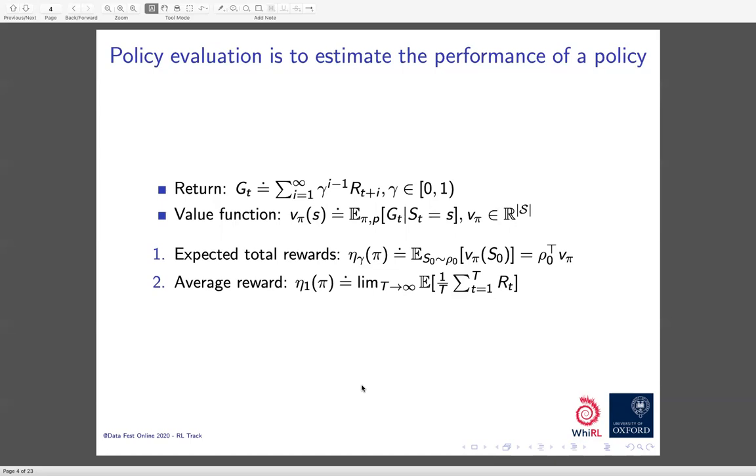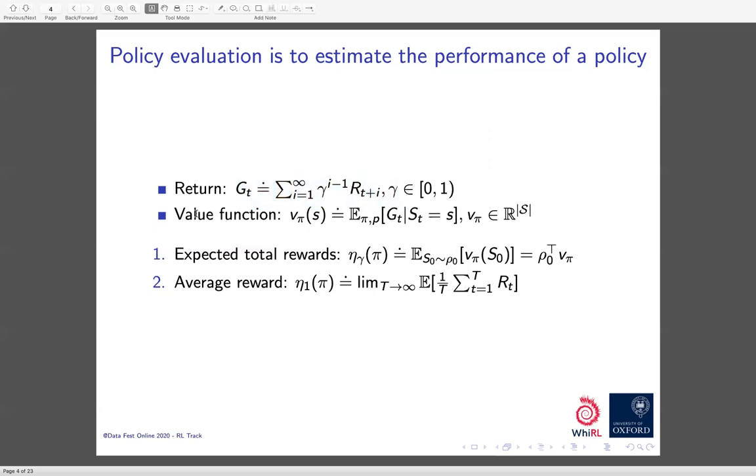So we can first define a random variable gt, which we call return. You can say gt is the sum of the discounted future rewards. Here we need to introduce a discount factor gamma, which is smaller than 1. So gt describes the return that an agent can get in the future.